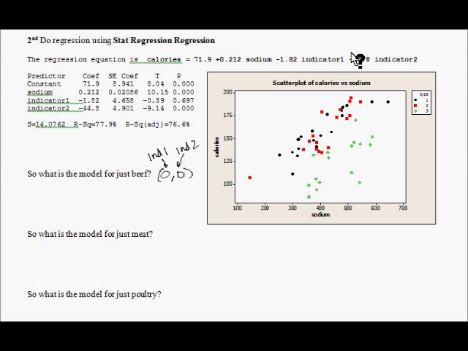So I put 0 in here. Notice all I have is just the equation without those indicators in there. So for beef, the model is calories equals 71.9 plus 0.212 times sodium.